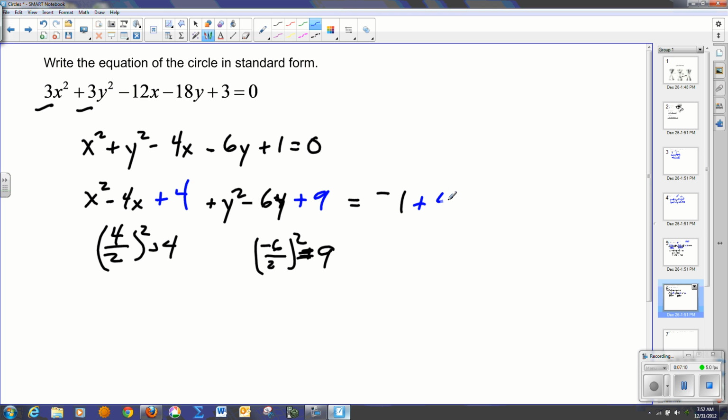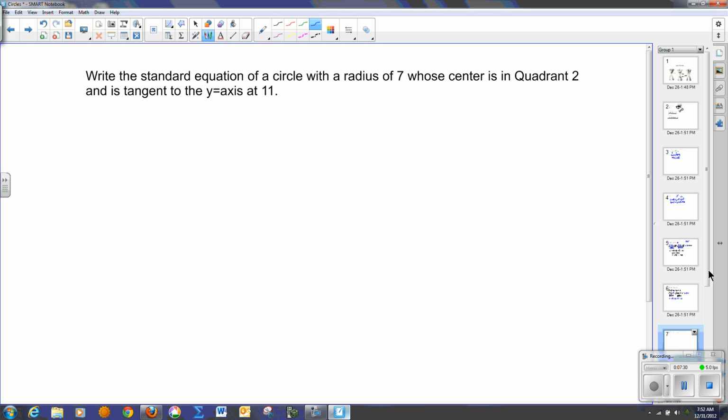Remember to balance both sides. And then end up factoring our perfect squares. So I end up with x minus 2 squared plus y minus 3 squared equaling 12. And there I have my standard form.